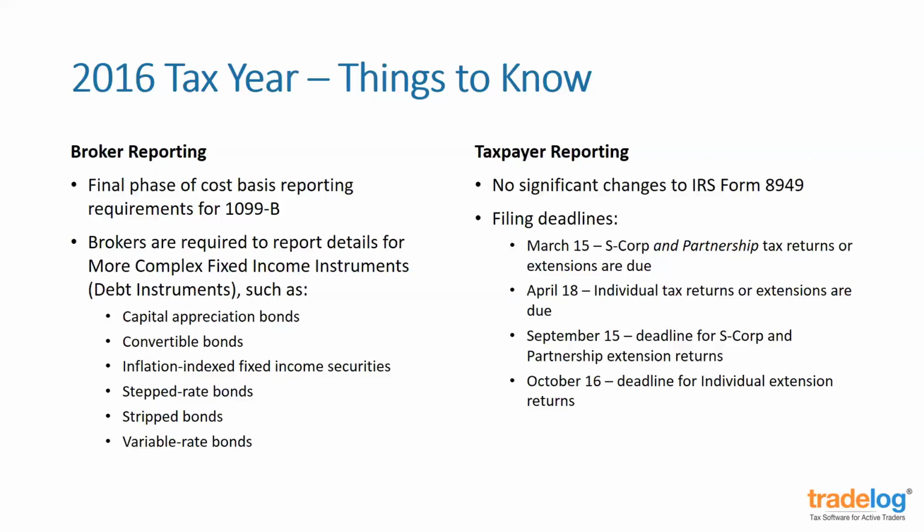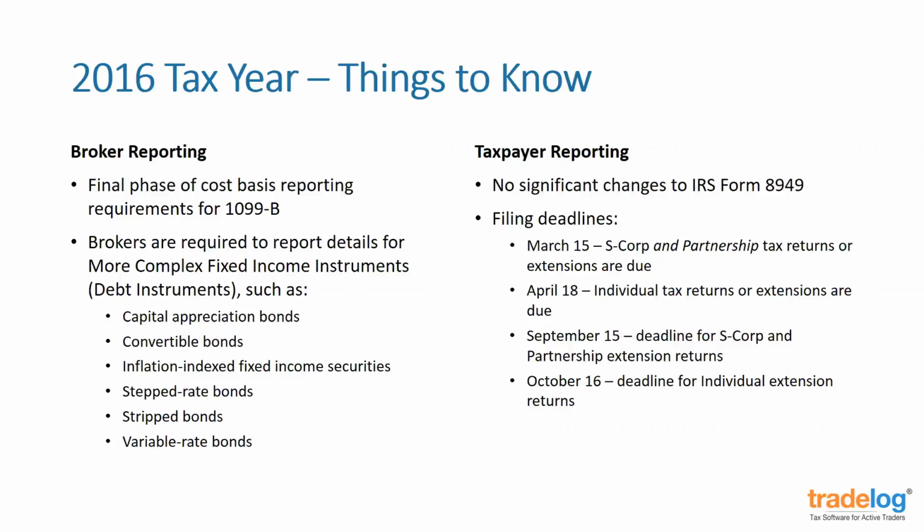And of course, if you've attended some of our webinars before, or you've read on our website, you do know that there are different rules for taxpayers than there are for brokers when it comes to things like wash sale adjustments and reporting your trade activity. Those rules are all the same. We're in the same boat as an active trader. Especially if you have multiple accounts, you have to have a program like TradeLog to really get you the reporting with the adjustments that you need.